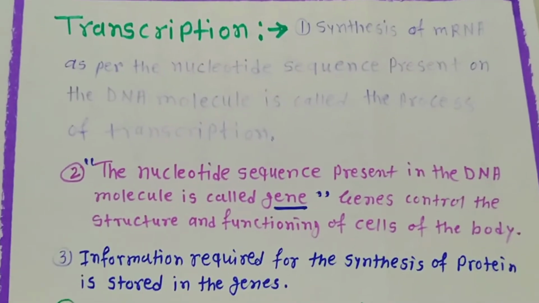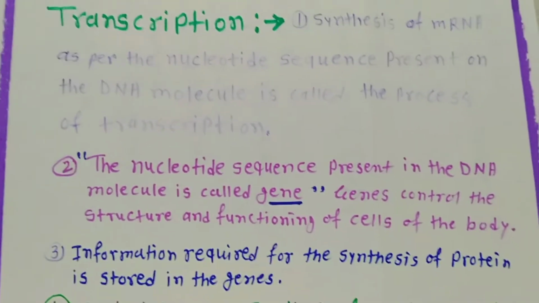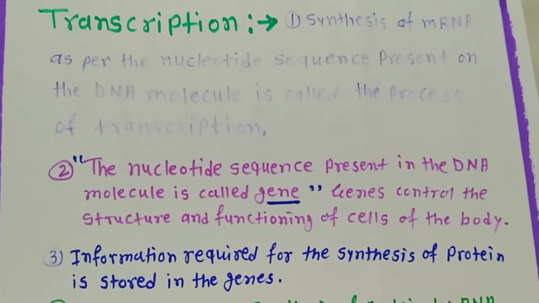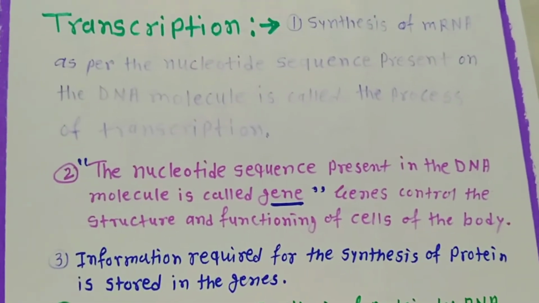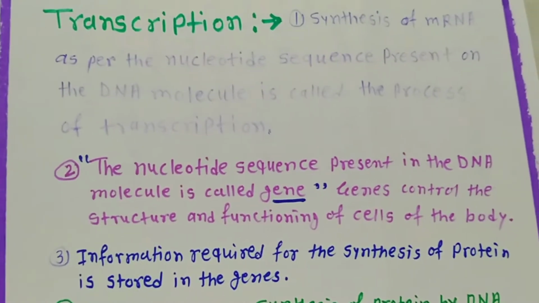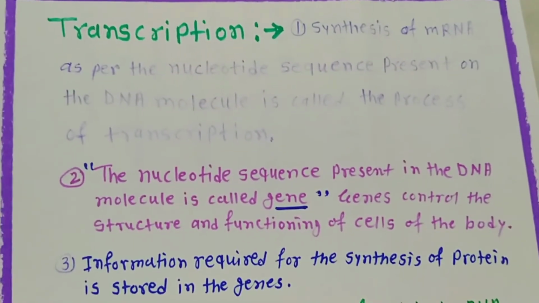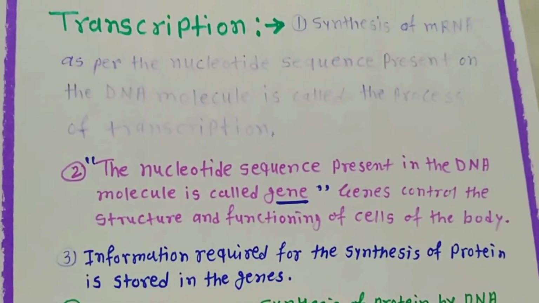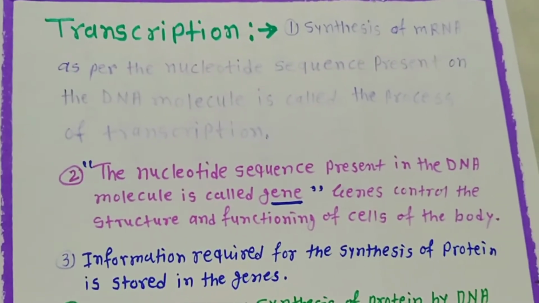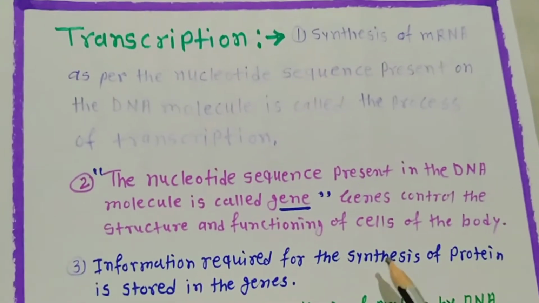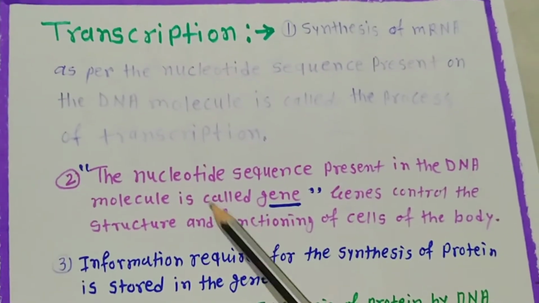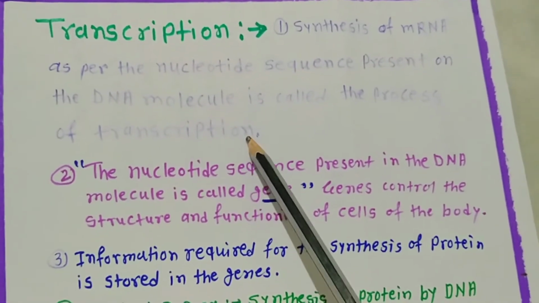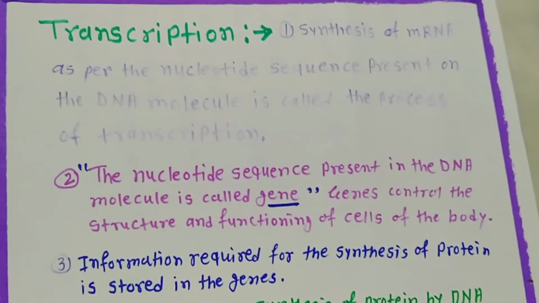Transcription: synthesis of messenger RNA as per the nucleotide sequence present on the DNA molecule is called the process of transcription. Whichever sequence is present in the DNA molecule is printed on the RNA.